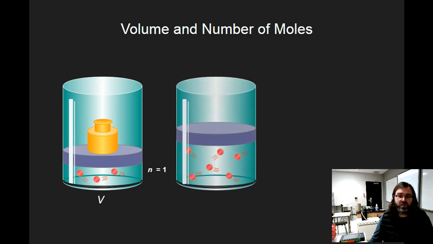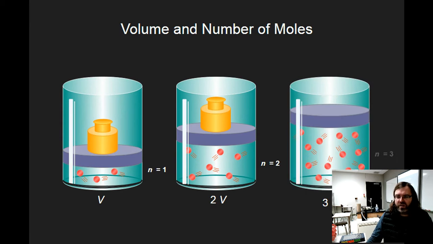Well, if I increase the number of particles, then the volume is going to have to increase, keeping the pressure the same the whole time. Think about it as a balloon. You're adding more air into the balloon, and the balloon's going to have to expand. So unless you do something else, the balloon's going to have to increase its volume. That is a pretty straightforward example of the next gas law.